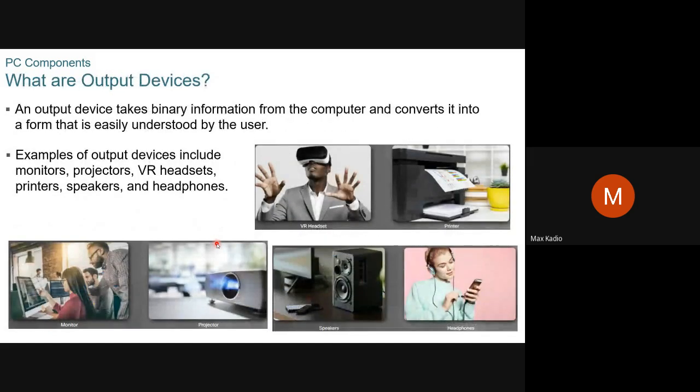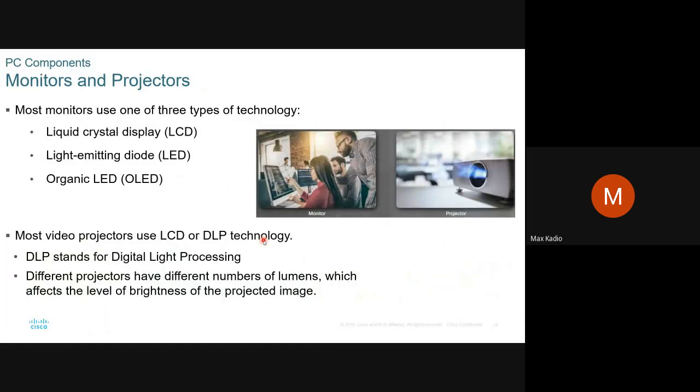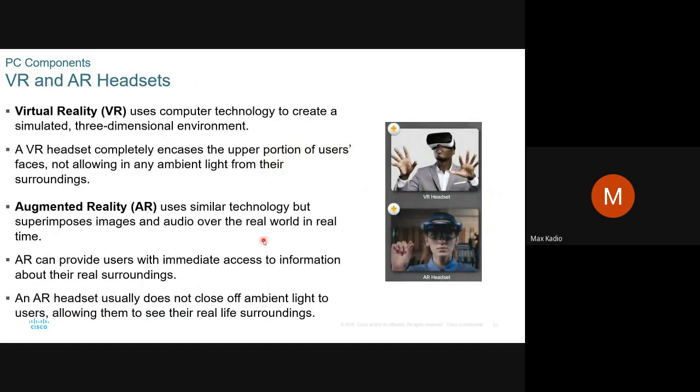Anything else you can just read by yourself. Output devices, a printer. We say output because you can print something outside your laptop. Okay, all these things you can read. I'll show you what is the most important.